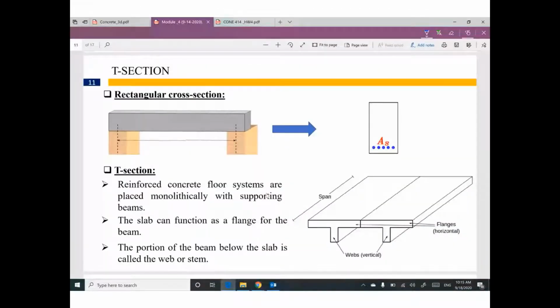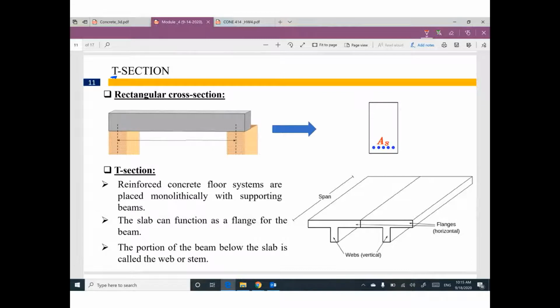We have a new topic today, which is called T-section. Guys, what we covered before was a rectangular beam. What do I mean?